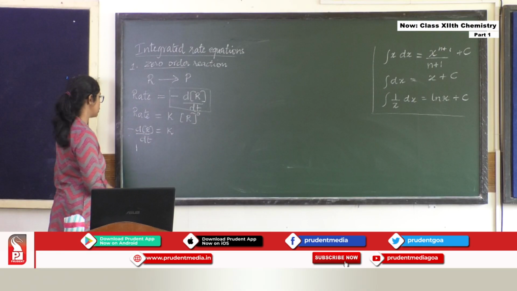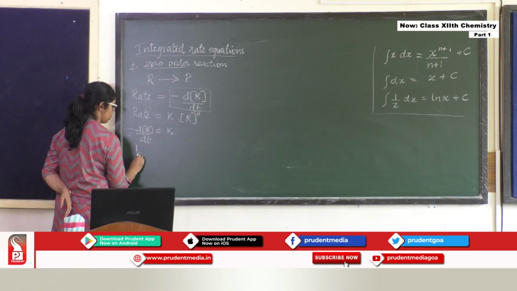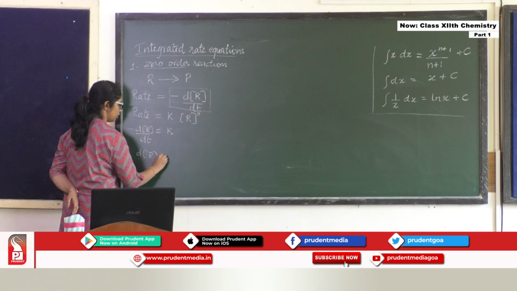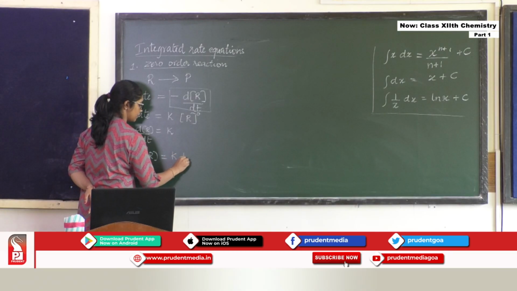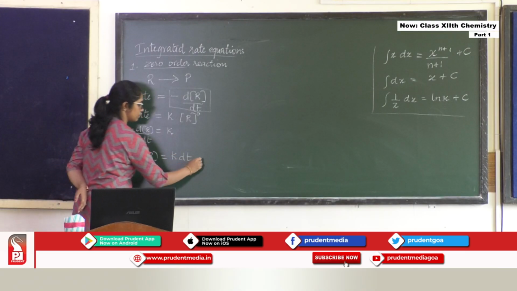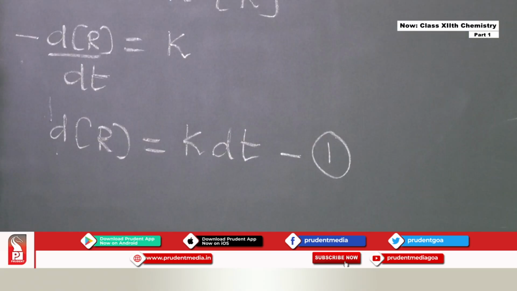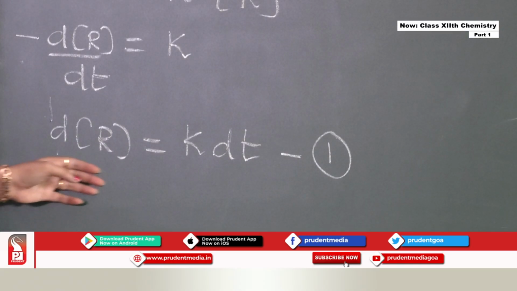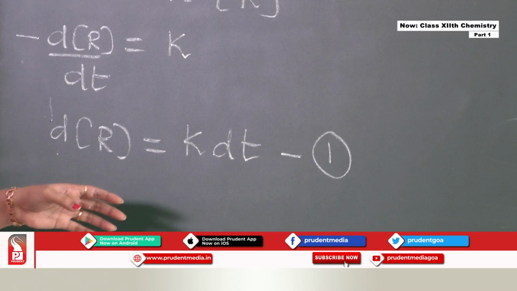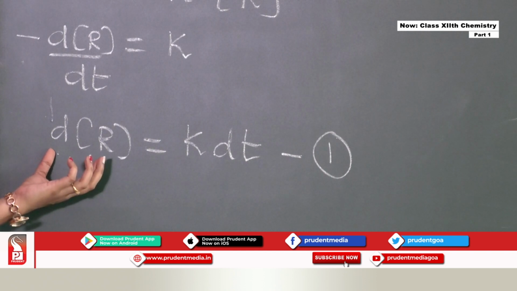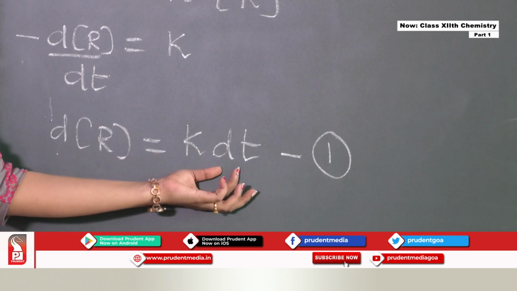Now on rearranging these terms, dR is equal to minus k dt. Let us take this as equation 1. Now what we are going to do is integrate this equation. This is the change in concentration of the reactant and the change in time.